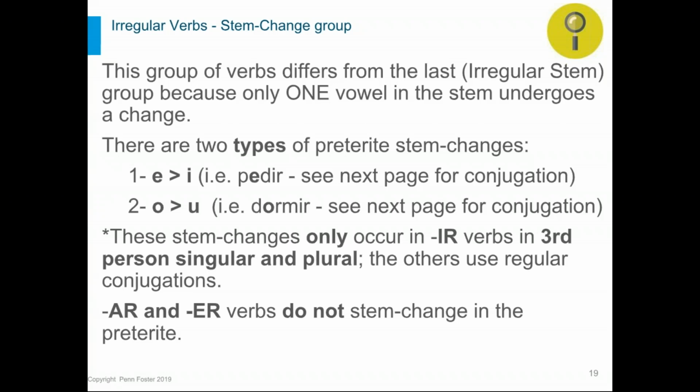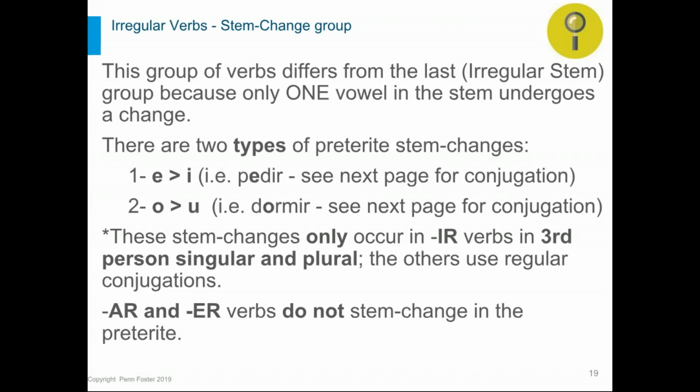And unlike other tenses such as present indicative, in the preterite there are only two types of stem changes. An E to I stem change, as in the verb pedir, and an O to U stem change as the only other type, as in the verb dormir.